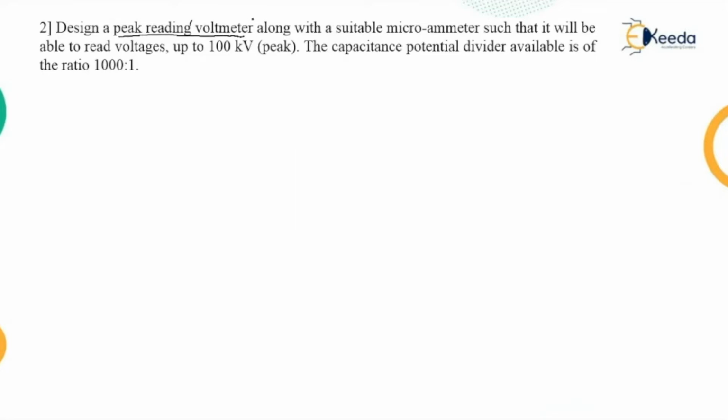So it means if the name of the meter is written as voltmeter, it is a numerical on the measurement of high voltage and high current.